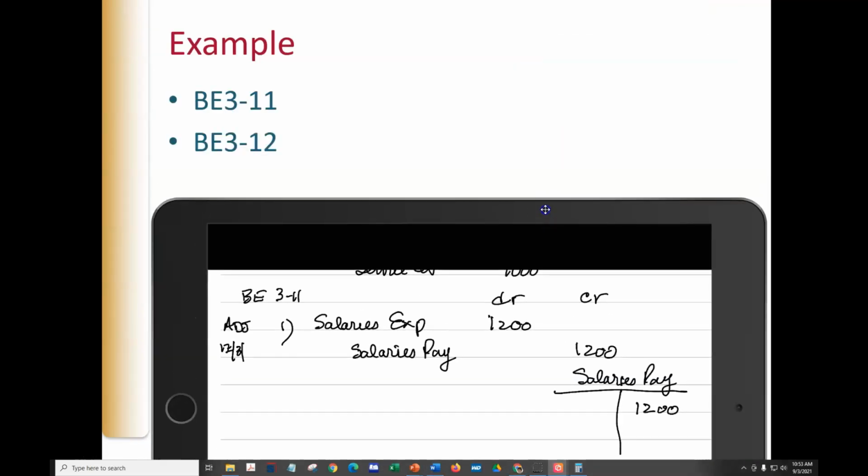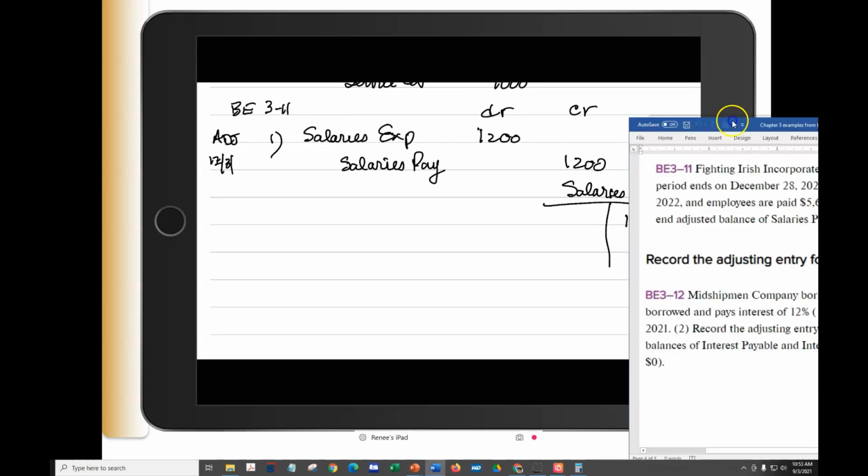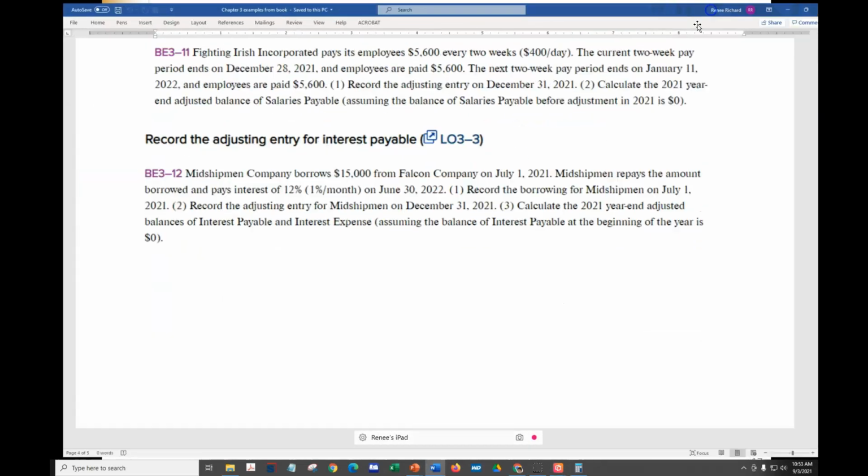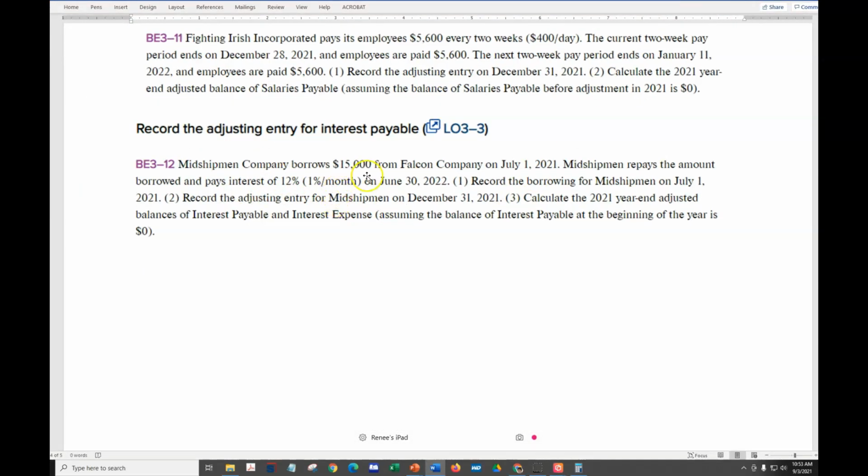And the other one we want to do is BE 3-12. Midshipman Company borrows $15,000 from Falcon Company on July 1st, 2021. Midshipman repays the amount borrowed and pays interest of 12%, that's 1% per month, on June 30th, 2022.